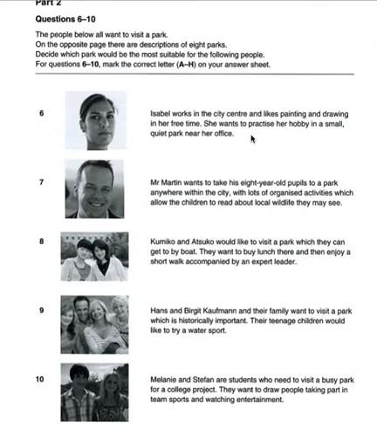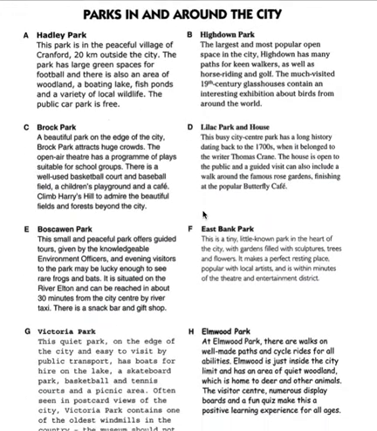So when we go back to this and repeat this little text, we are not going to read Isabel works in the city center. We are just going to read city center, painting and drawing, small quiet park. That's all. Once you do that with number 6, 7, 8, 9, and 10, you do the same with these things here.